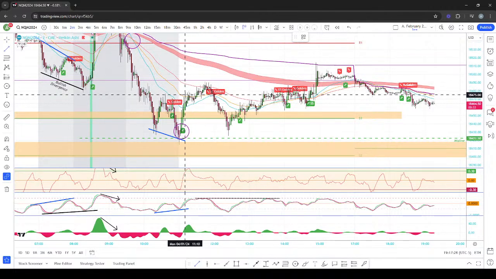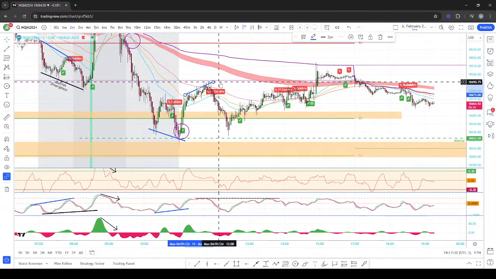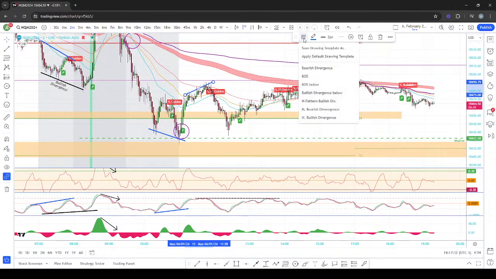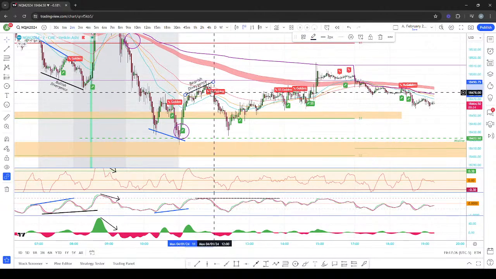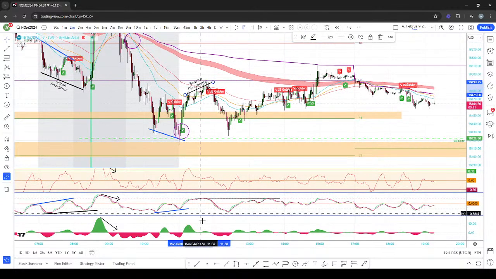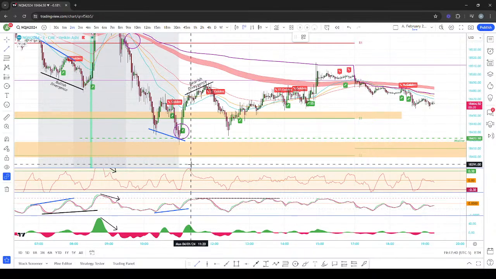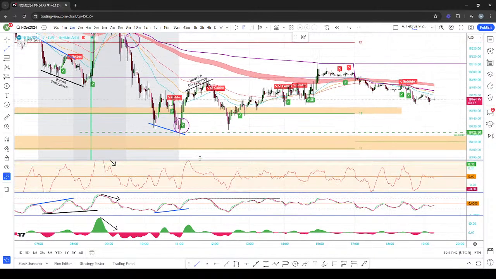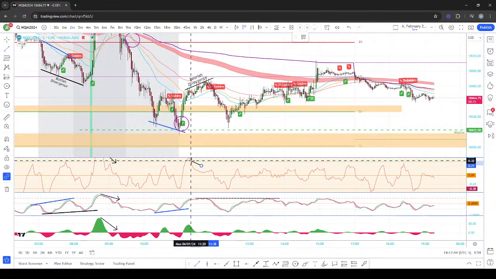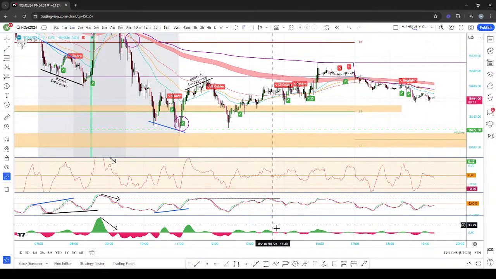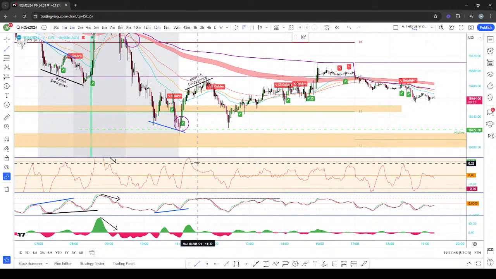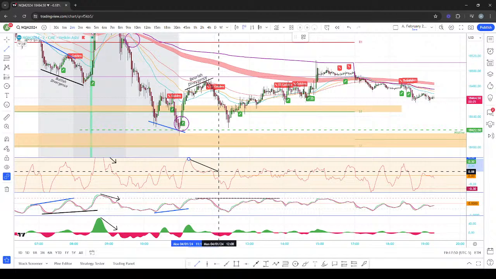So right here is a really nice bearish divergence, and I even have templates when I mark these for you. So you see here bearish divergence, and you can see it right on the ultimate oscillator, right here.